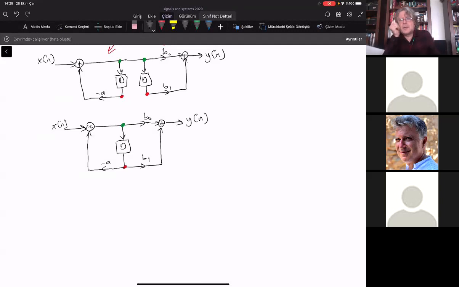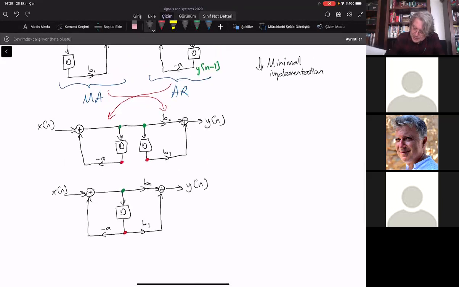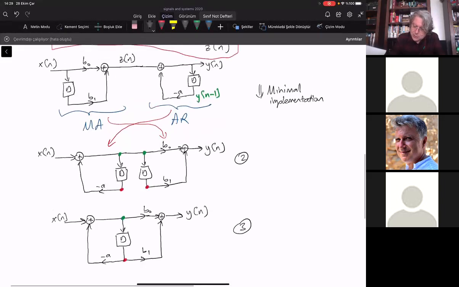Now, do you all agree that the last thing that I have drawn, so let's say the diagram of 3, is equal to the diagram of 2, which is also equal to the diagram of 1? 1 is the same as 2 is the same as 3.